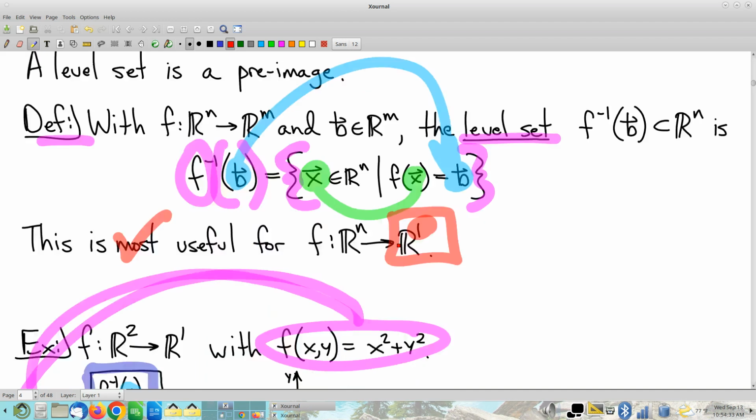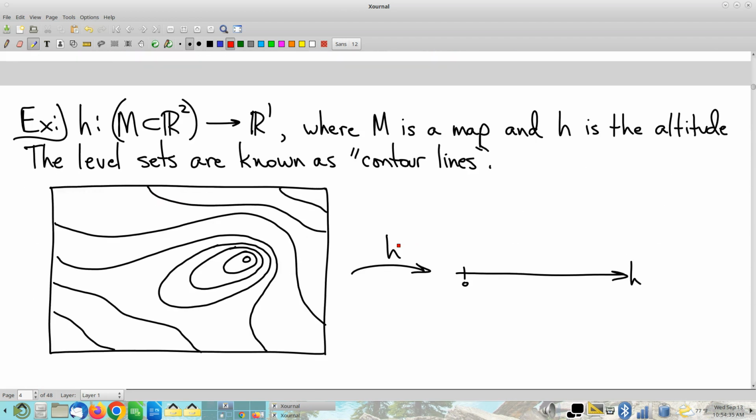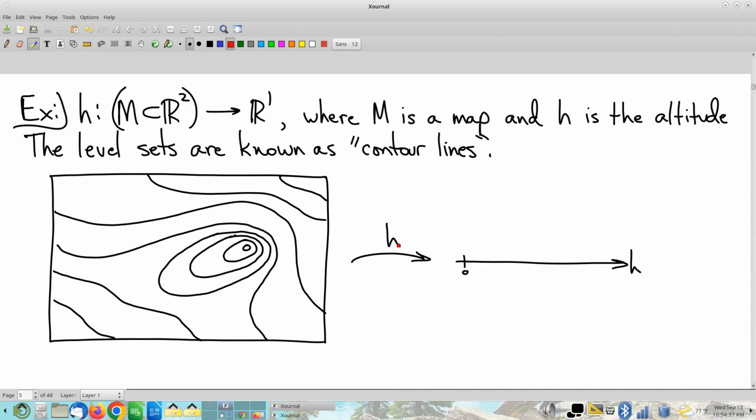Okay, so here's an example. By the way, this is a hopefully familiar example, somewhat anyway. This is called a contour map. Some of y'all may have seen contour maps before if you've ever gone hiking up in the mountains. This is a way to help people see what a three-dimensional mountain looks like with a two-dimensional picture.